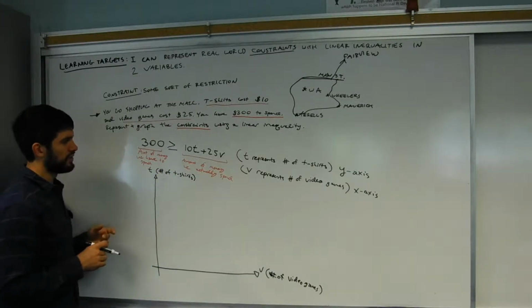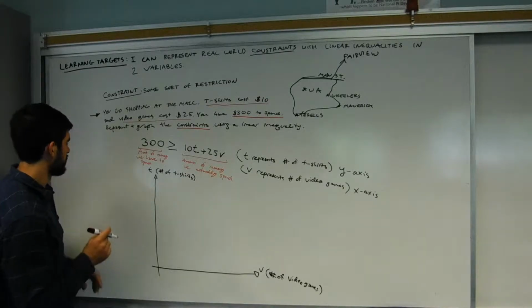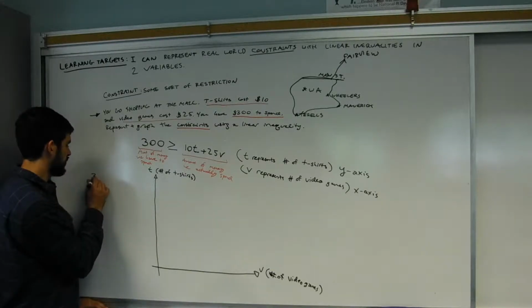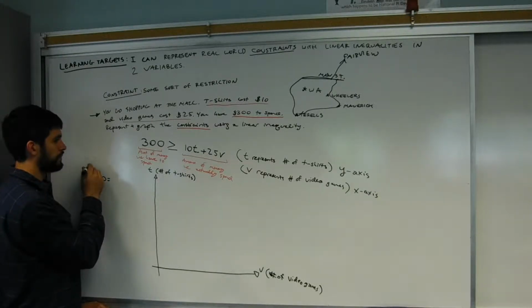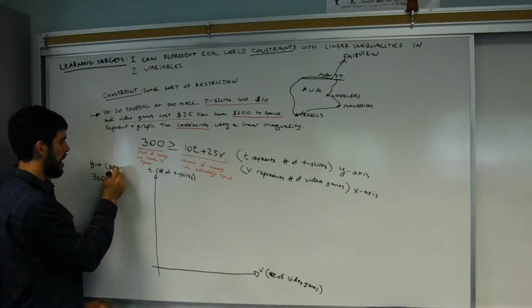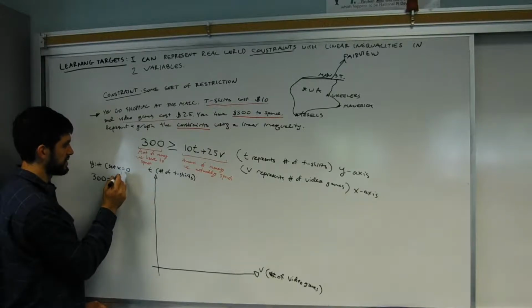One that we can use is to find the x and the y intercepts. To find them, first we would change this to an equality. To find the y-intercept, we would set x equal to 0, which in this case means setting v equal to 0.